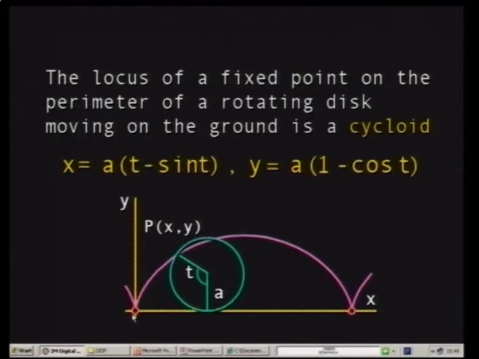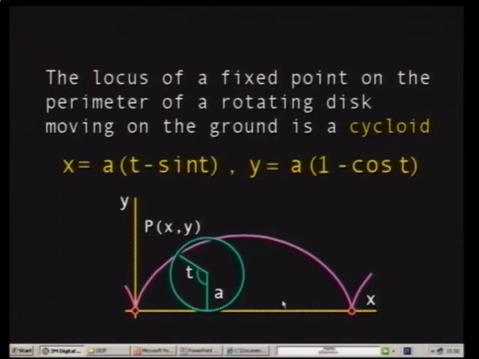So you get y here is 0 and y is 0. And at t equal to pi by 2, you get y equal to a, and when t is equal to pi, you have here minus 1, so you get y equal to 2a, whereas when t is equal to 2 pi, y becomes 0, and x runs from 0 to 2 pi a.